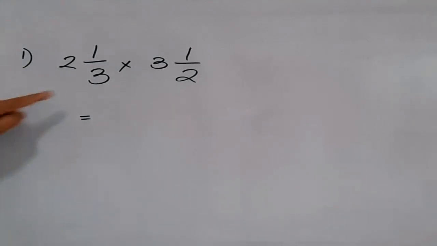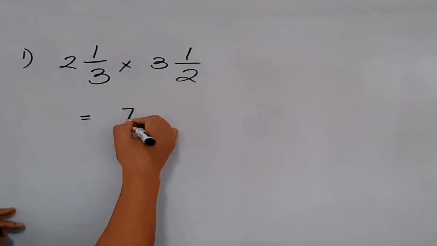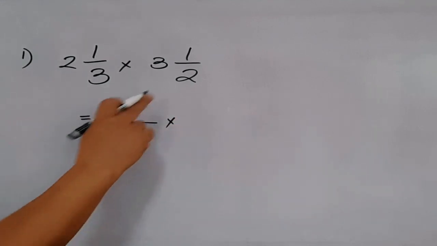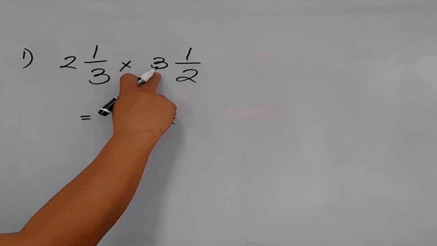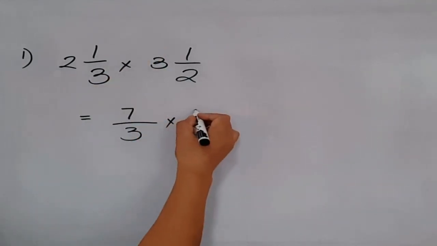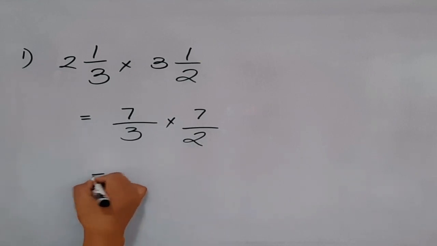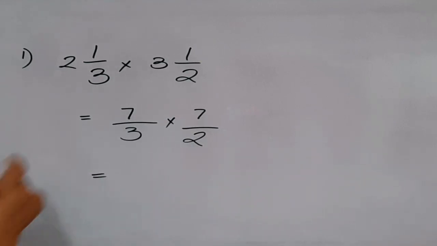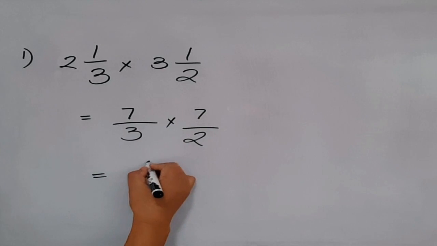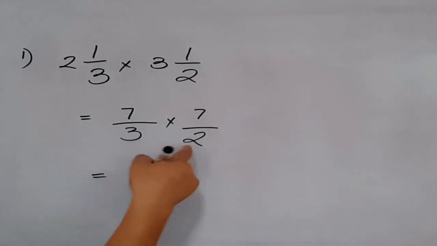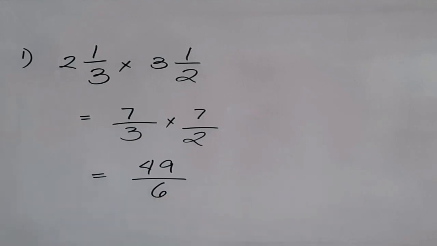So in this case, we multiply 3 times 2 is 6 plus 1 is 7 over 3 times 3 times 2 is 6 plus 1 is 7 over 2. That will be multiplying the numerator, 7 times 7 is 49. Multiplying the denominators, 3 times 2 is 6.